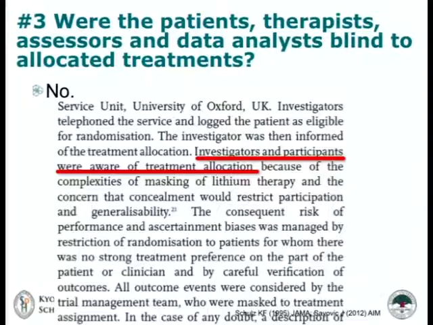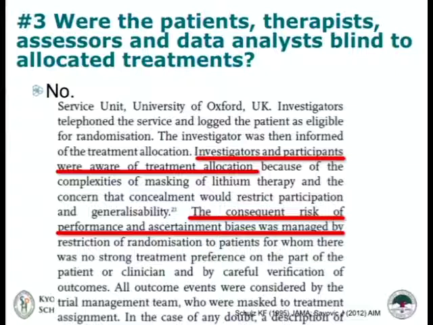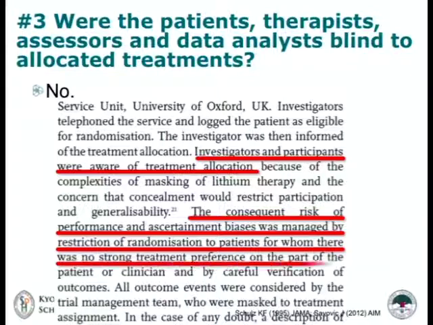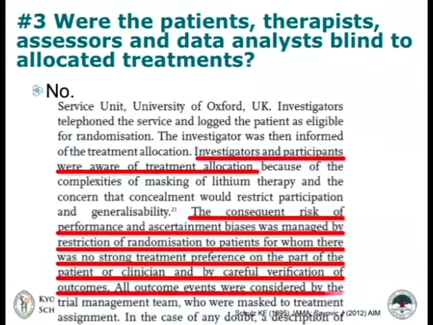However, the authors add, the consequent risk of performance and ascertainment biases was managed by restriction of randomization to patients for whom there was no strong treatment preference on the part of the patient or clinician, and by careful verification of outcomes. All outcome events were considered by the trial management team, who were masked to treatment assignment.